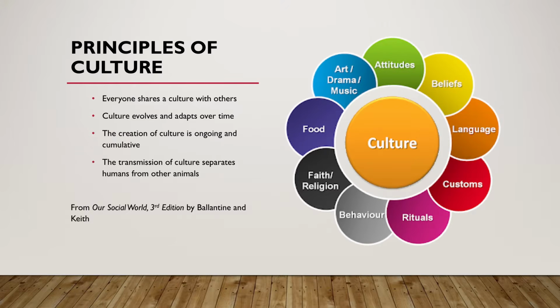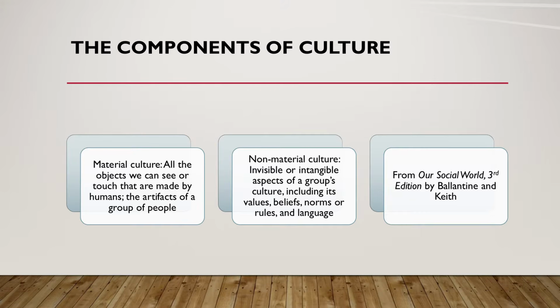In other words, it changes over time. The creation of culture is an ongoing thing, and it's a cumulative process. And the transmission of culture separates us from other animals. The fact that we can create and transmit our cultural norms from generation to generation.